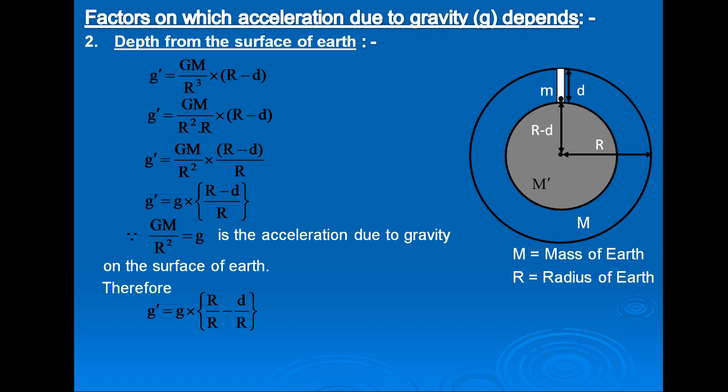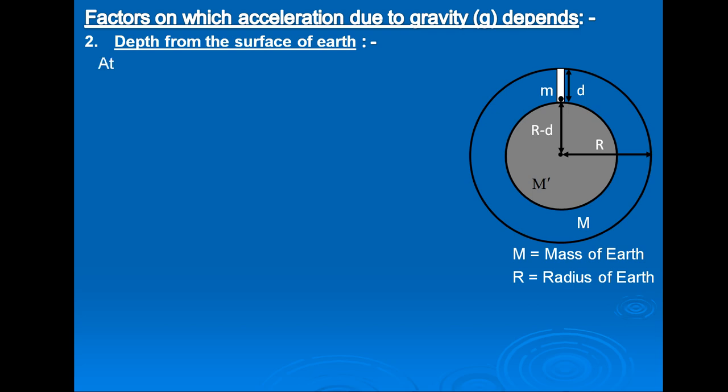Therefore, g dash is equal to g into (R upon R minus d upon R). R and R cancel each other. Therefore, it becomes g into (1 minus d upon R), or g dash is equal to g into (1 minus d upon R) within the bracket. Put this equation number 5.